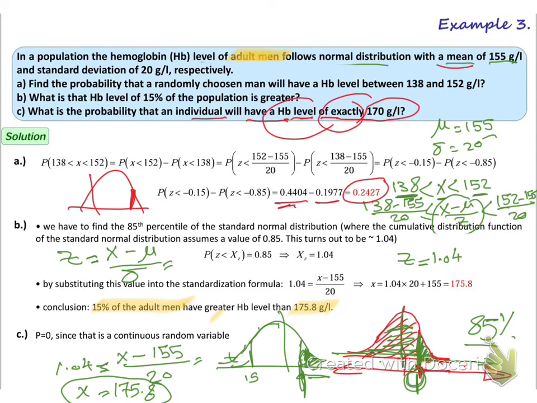I'm not dealing with individuals. So what is the probability that an individual will have exactly 170? It doesn't give that to me, so the probability will be 0, since it is a continuous random variable. I cannot take one only, a single spot. And this has been mentioned in the theory lecture when I described it.